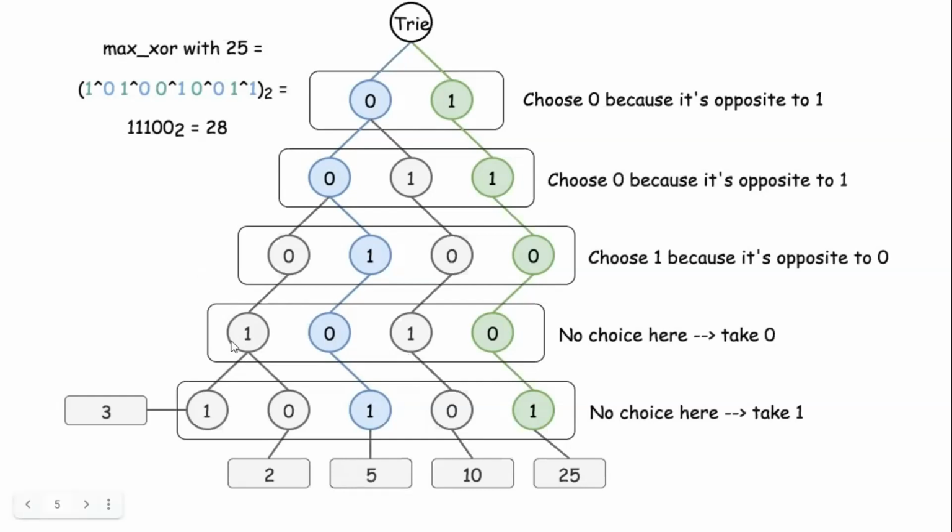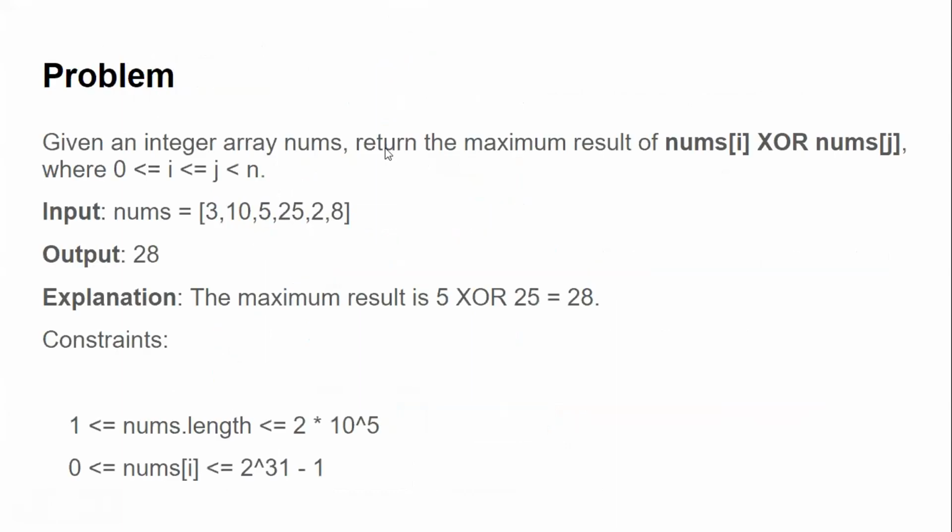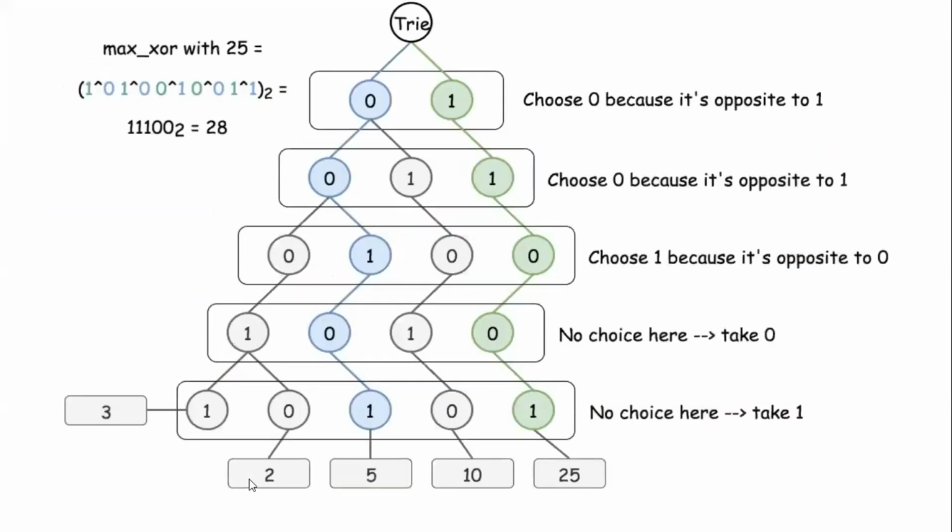And second question is that we want all the leaf nodes to always represent a value. That's why we padded 3 with multiple zeros. Yeah. From the problem, the number can be up to 2 power 31 minus 1. Basically, if you take that number, it has a 32-bit representation.